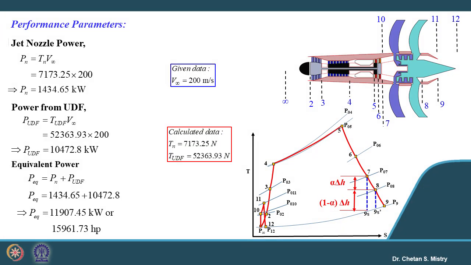This thrust value we have calculated, and when we calculate the power for the unducted fan, it comes out. You can say it is a huge power. Similarly, the power generated by the nozzle. So, just try to understand the numbers. Okay. Suppose we calculate the equivalent power, we can say that is what comes out.